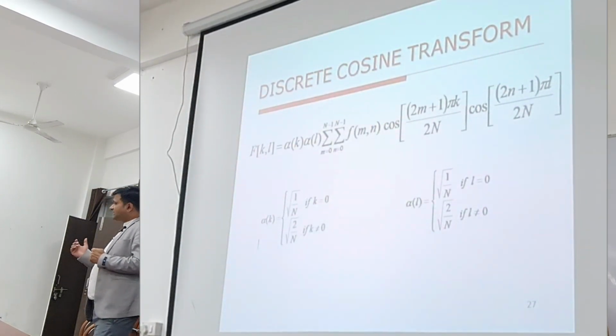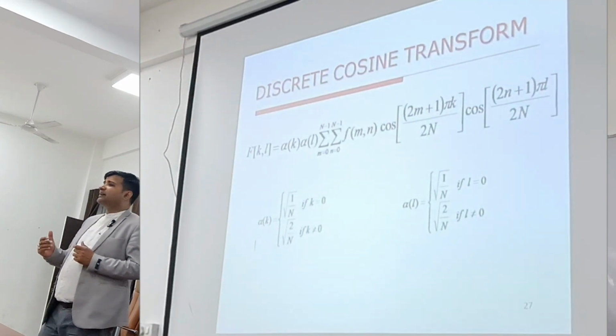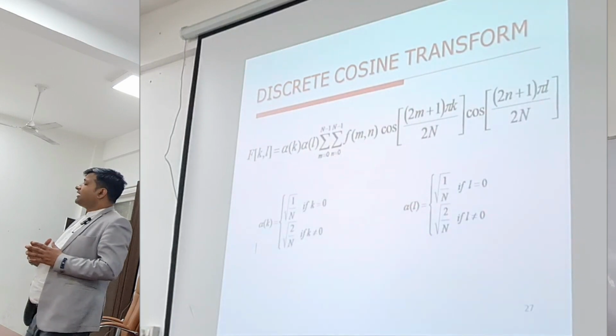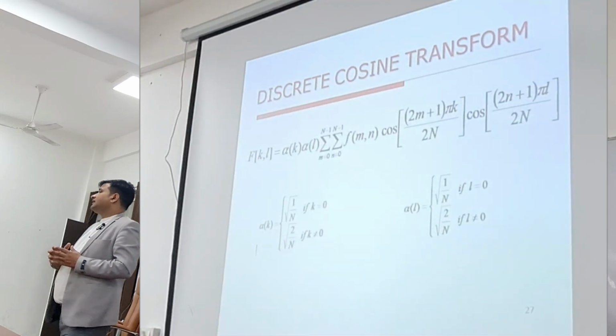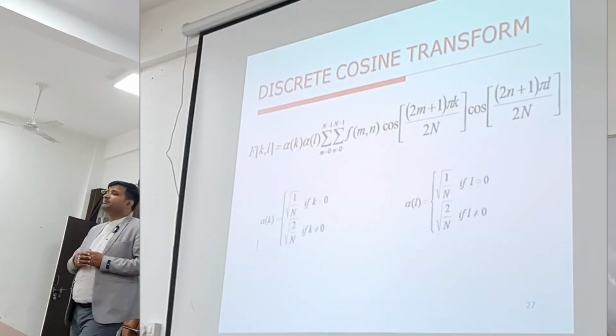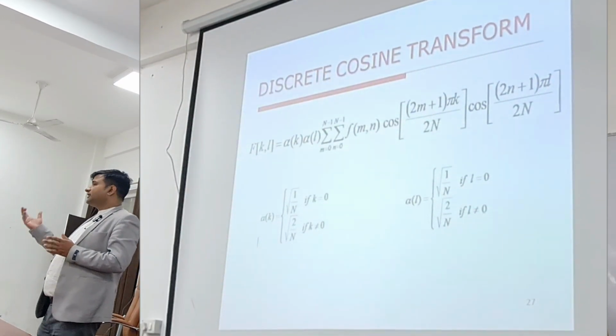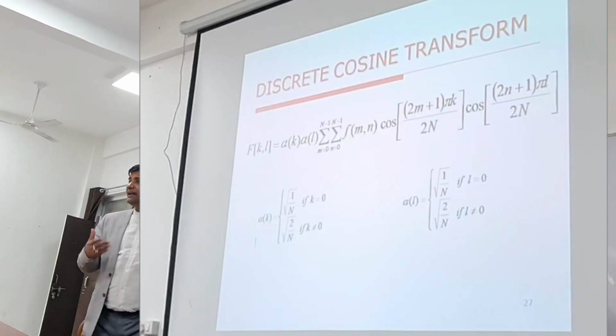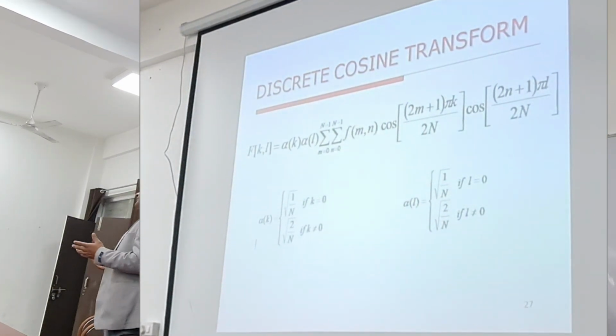Other transforms are also used for compression, but they have some shortcomings compared with DCT. Another is the advanced compression algorithm JPG 2000, which uses the wavelet transform for compression. High compression ratios are used.